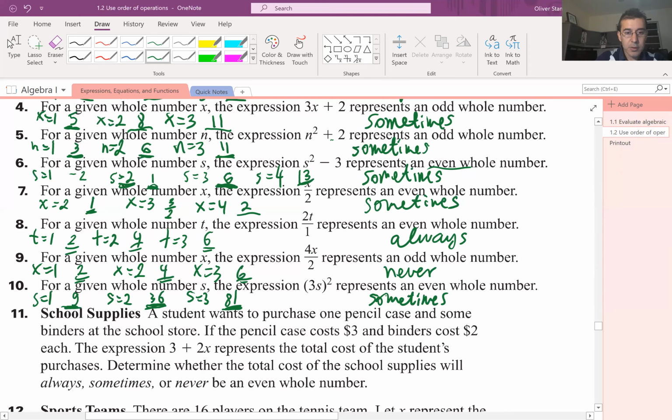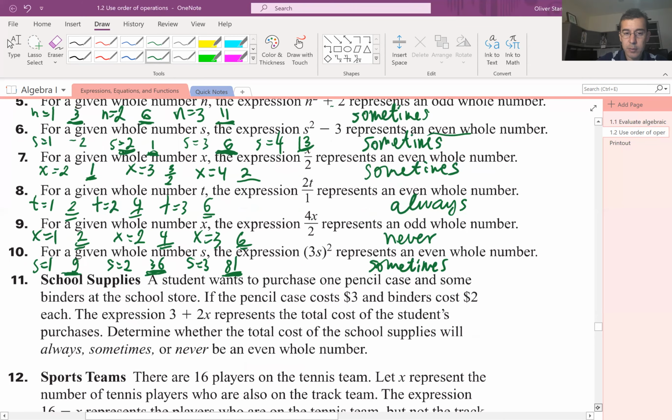Number 11, a student wants to purchase one pencil case and some binders at the school store. If the pencil case costs $3 and binders cost $2 each, the expression 3 plus 2x represents the total cost of the student's purchases. Determine whether the total cost of the school supplies will always, sometimes, or never be an even whole number. Okay, so let's try a couple.